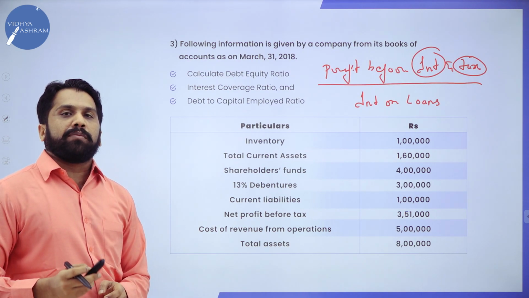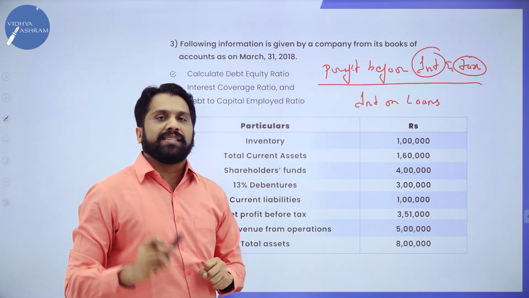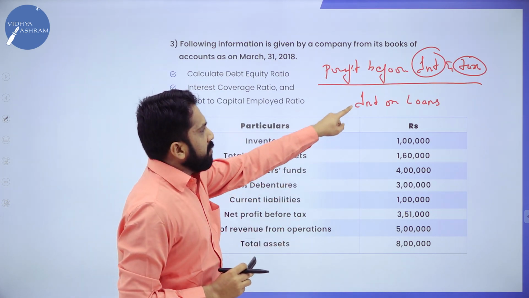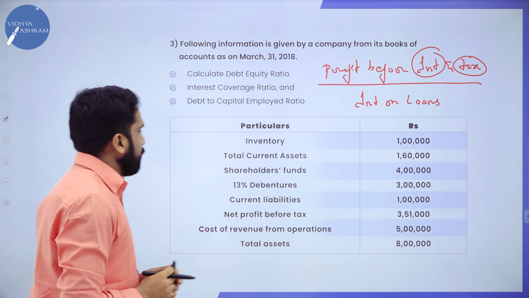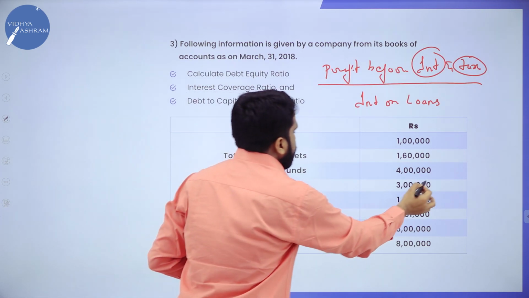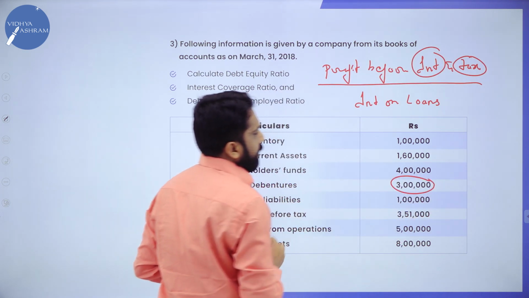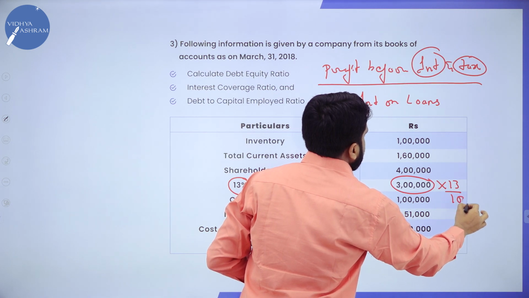After writing formula, we have to identify what is this and what is this. Now, first we'll find out this interest on loans. Now, you have 13% debentures. How much is your loan? 3 lakh. 3 lakh multiplied with 13%.